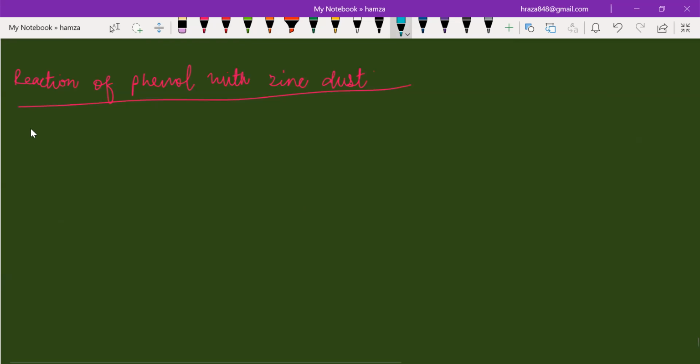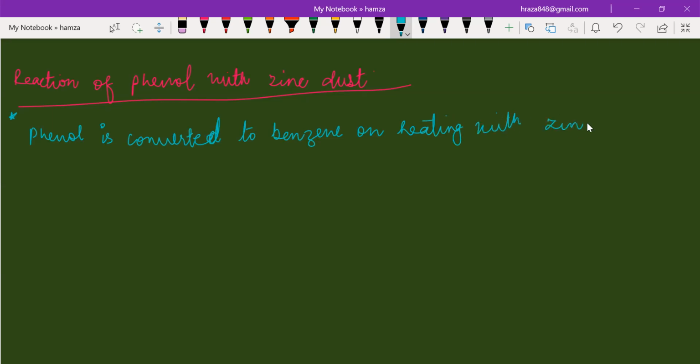This is an important reaction too. Phenol is converted to benzene on heating with zinc dust, or zinc, you can write.